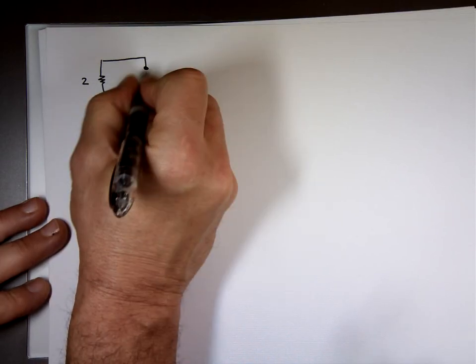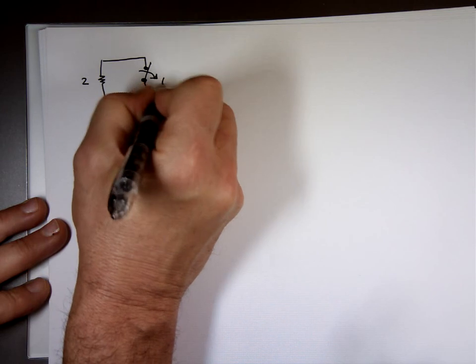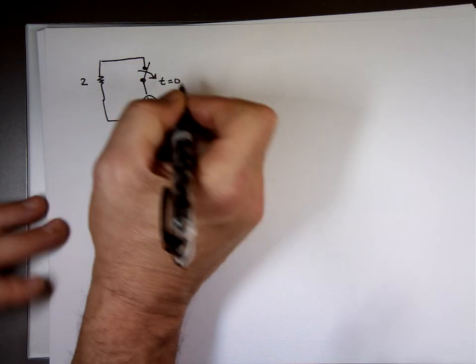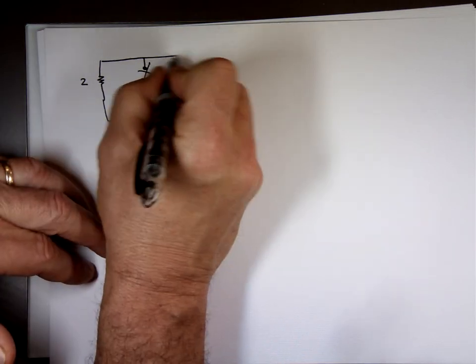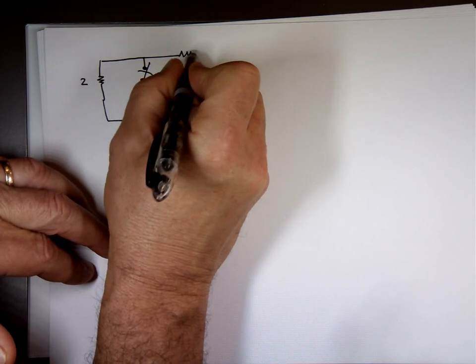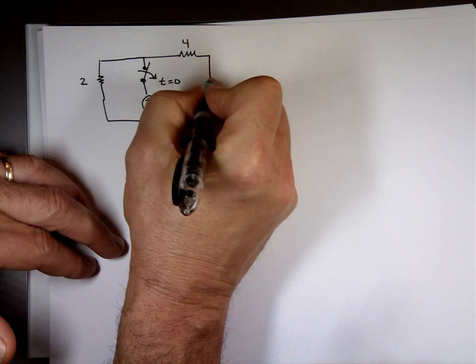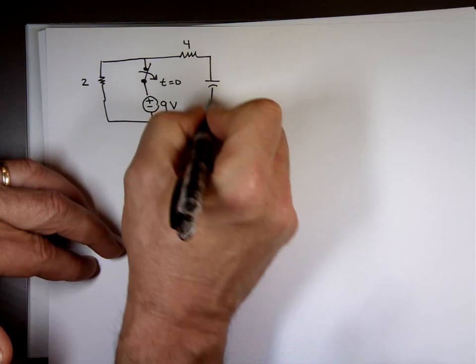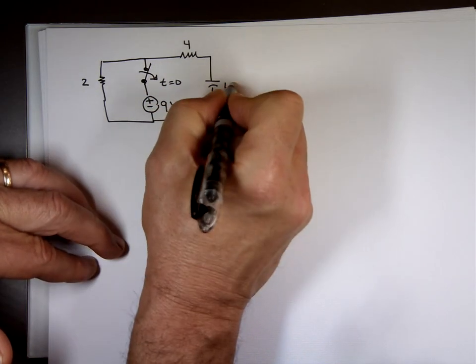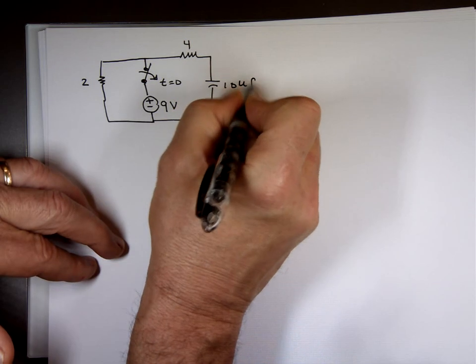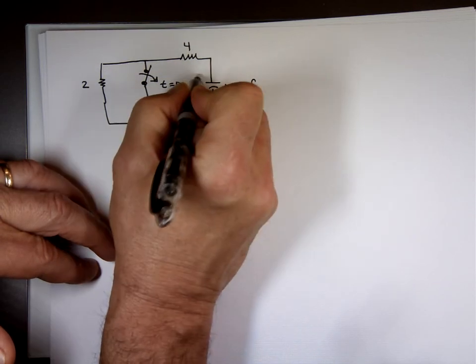This is at t equals 0 is going to switch. It's going to open the switch. And this is 4, and we have 10 microfarad. Now let's say I want to find the voltage right here. What's the voltage across the capacitor?